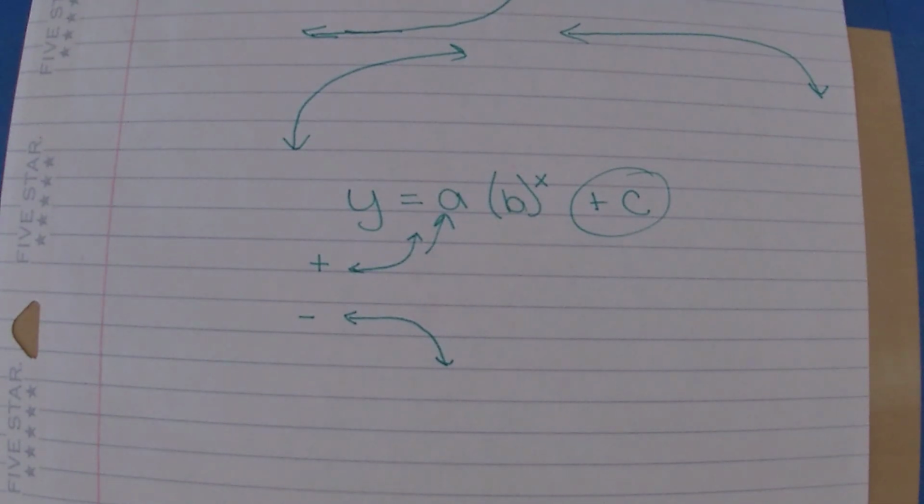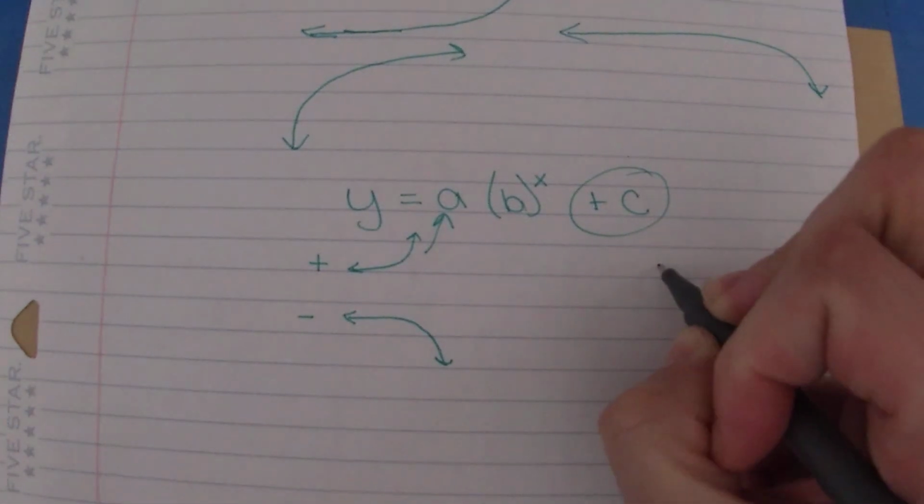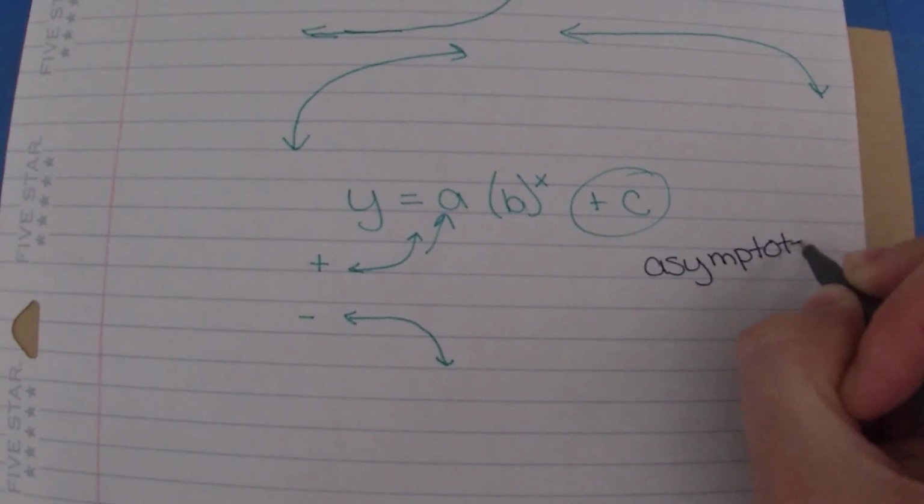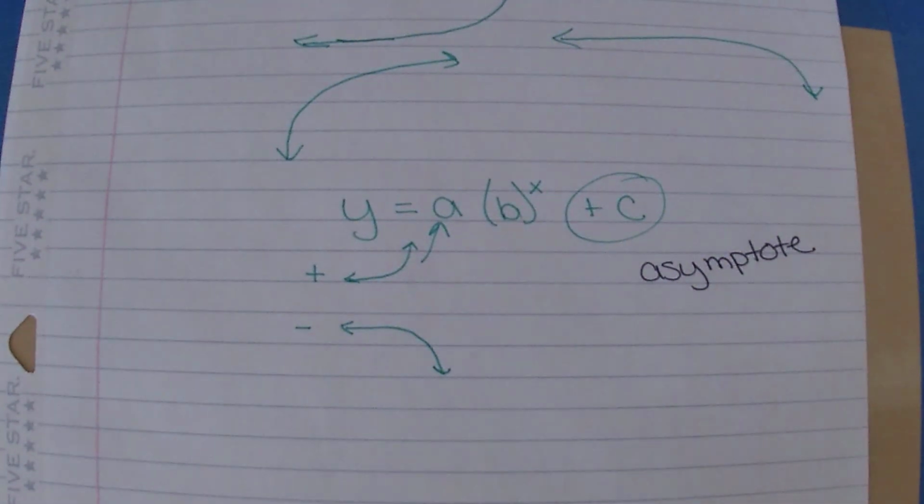Depending on if it opens up or down, it will tell us where we have to sort of stop. And this is what we call our asymptote. Super weird, cool word. But it gives us a line that we sort of can't cross. We either can't go above or we can't go below, depending on the direction of our graph. Now, I don't need you to remember the word asymptote. I just need you to know that it's a line that we cannot cross.